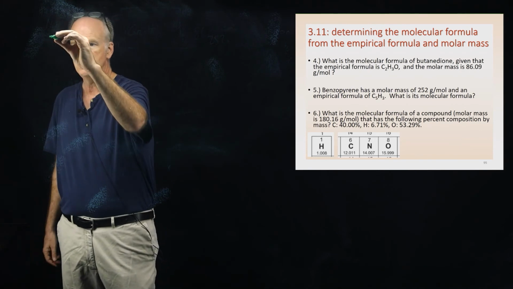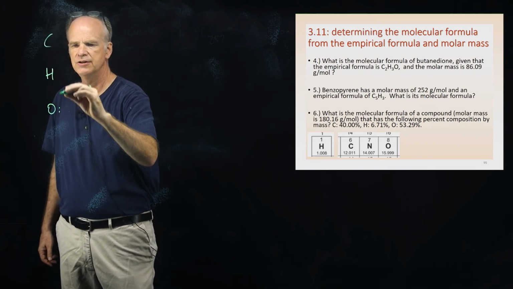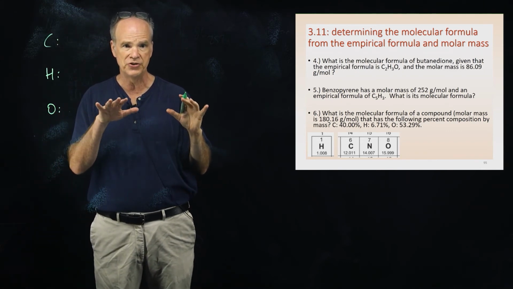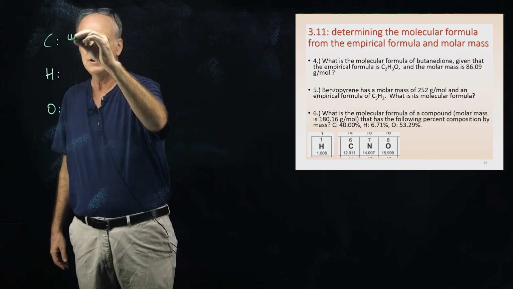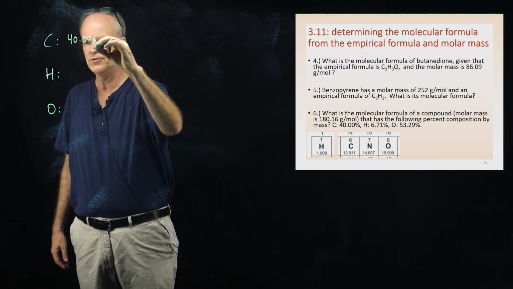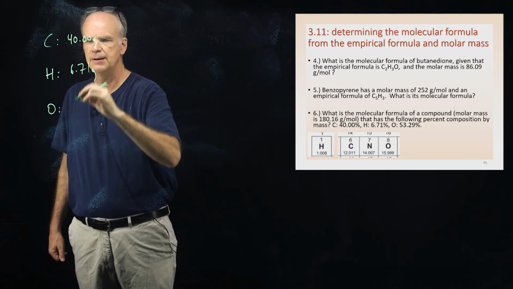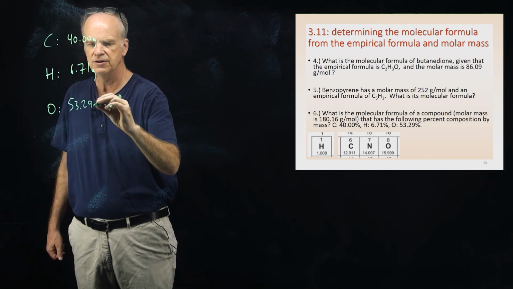So we have 3 elements, carbon, hydrogen, and oxygen. And I'm not going to write the percent numbers, but use the same number and write it in grams, which we can do. So it's 40.00 grams of carbon, 6.71 grams of hydrogen, 53.29 grams of oxygen.